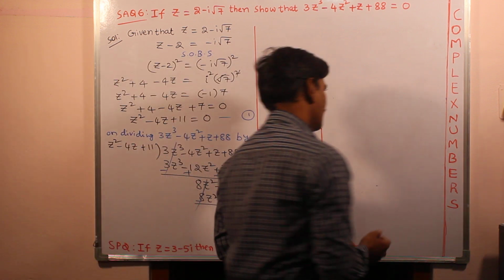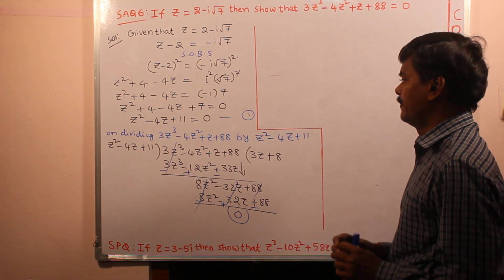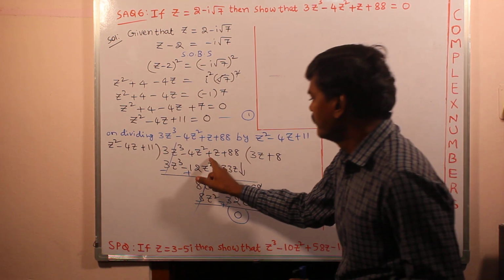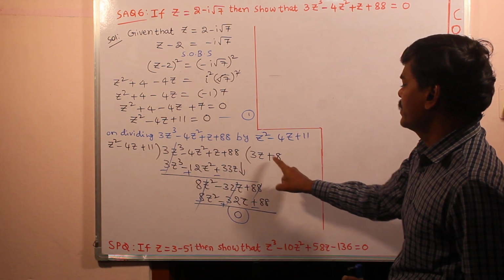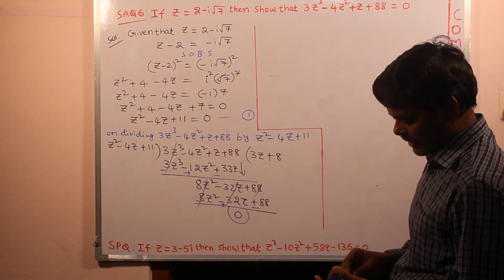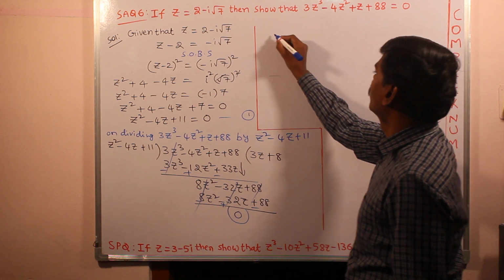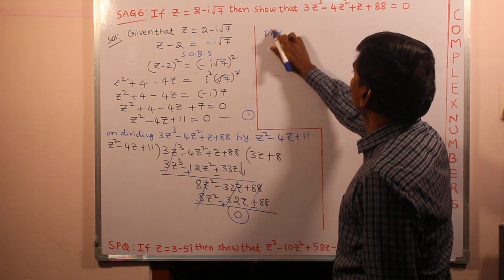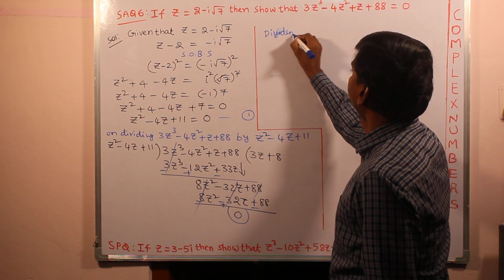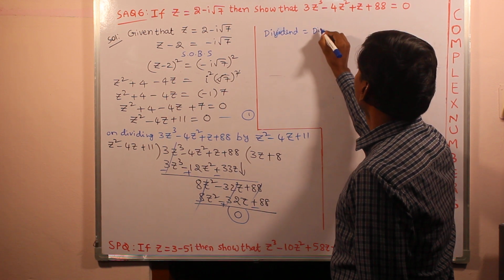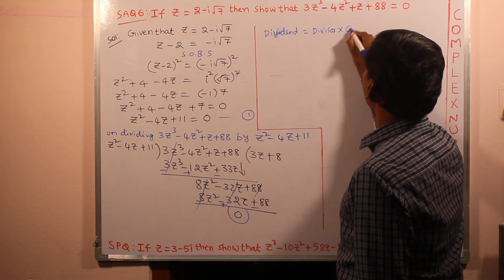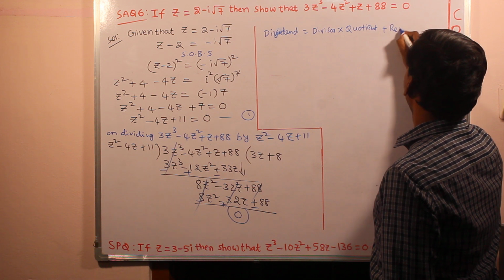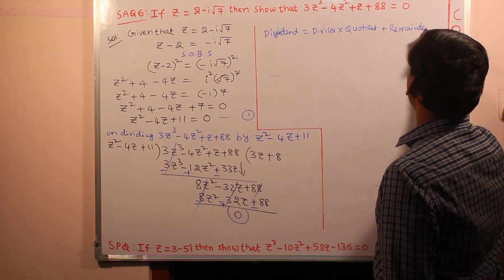Now let us recall a formula. In division, there is a relationship among dividend, divisor, quotient and remainder. In lower classes, you have learned that formula. Do you remember? Dividend equals divisor into quotient plus remainder. This is the relationship among these four terms.